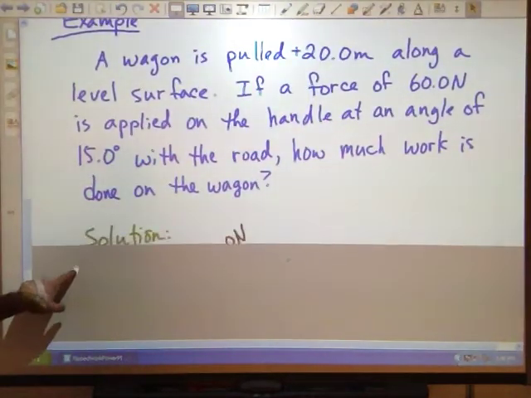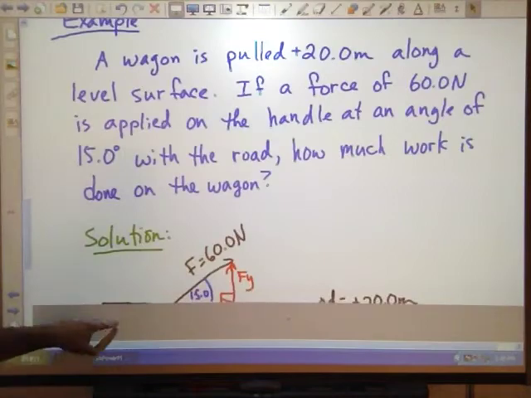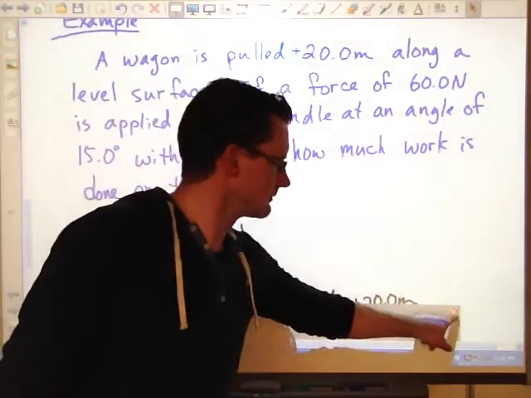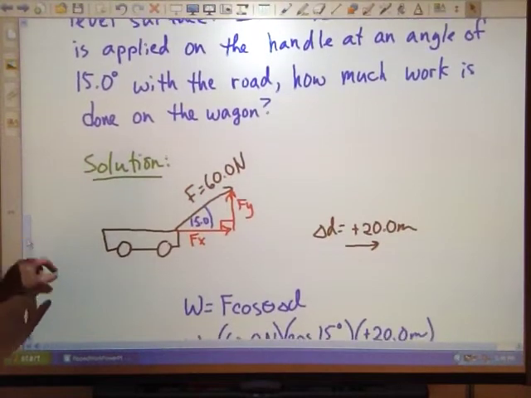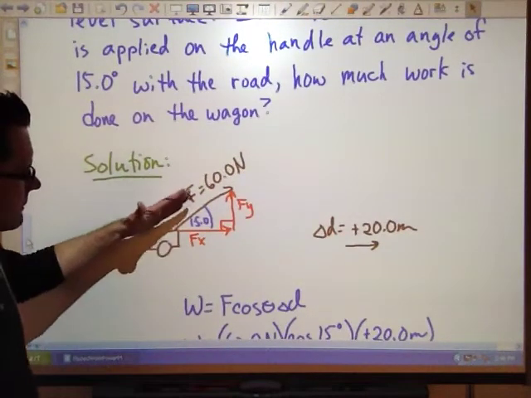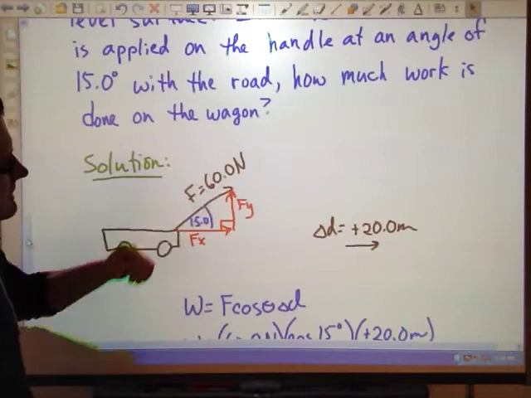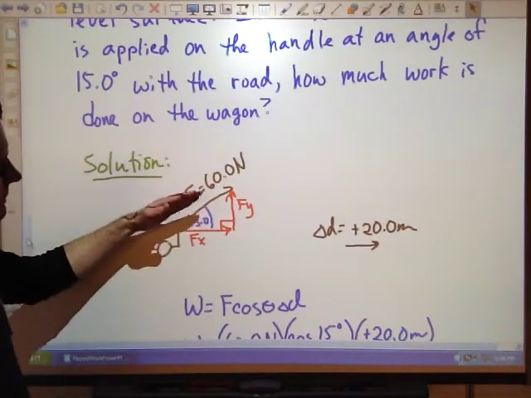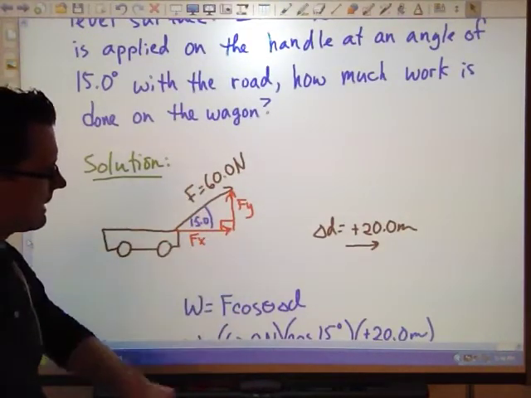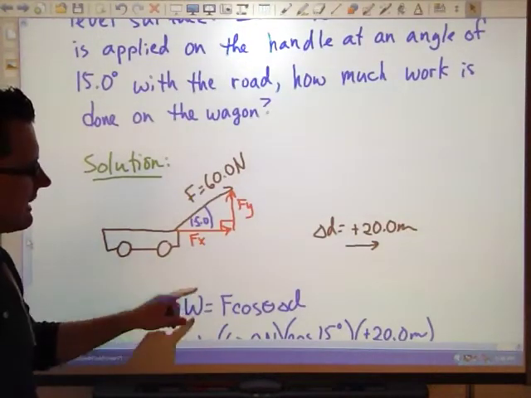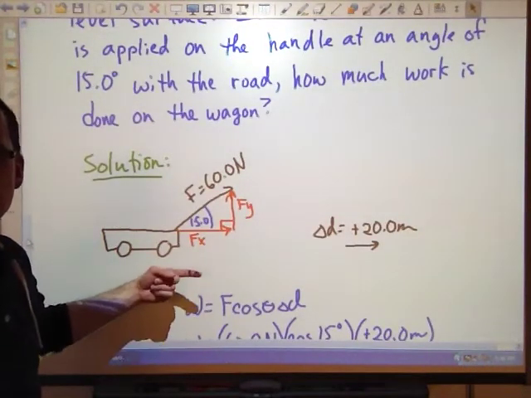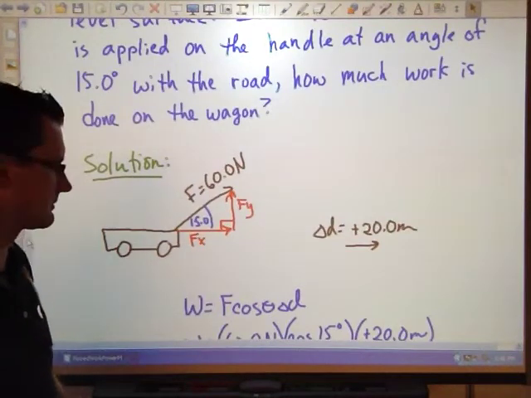So the first thing you should likely do is sketch that out. That always helps. So I drew a little funky wagon there. It's being pulled with 60 newtons at 15 degrees to the horizontal, Fx, Fy, and of course the wagon's moving that way.